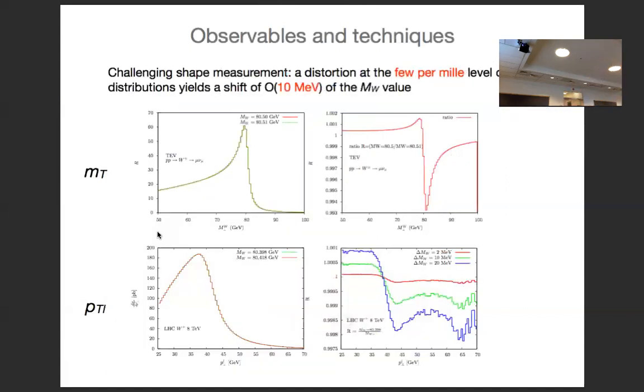And this is what actually happens, because here these are two different distributions for MT and lepton pT, differing by 10 MeV in the W mass. This is the ratio. 10 MeV is a 7 per mil effect here, and a 0.5 per mil effect there, if I'm not wrong.